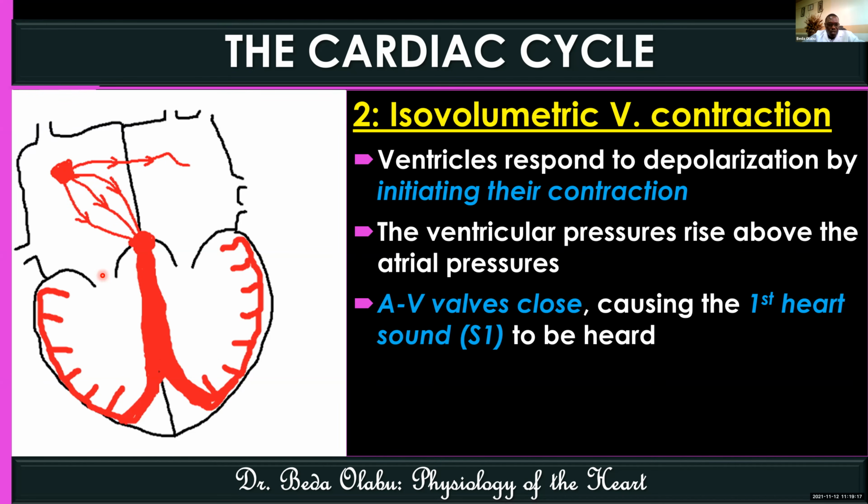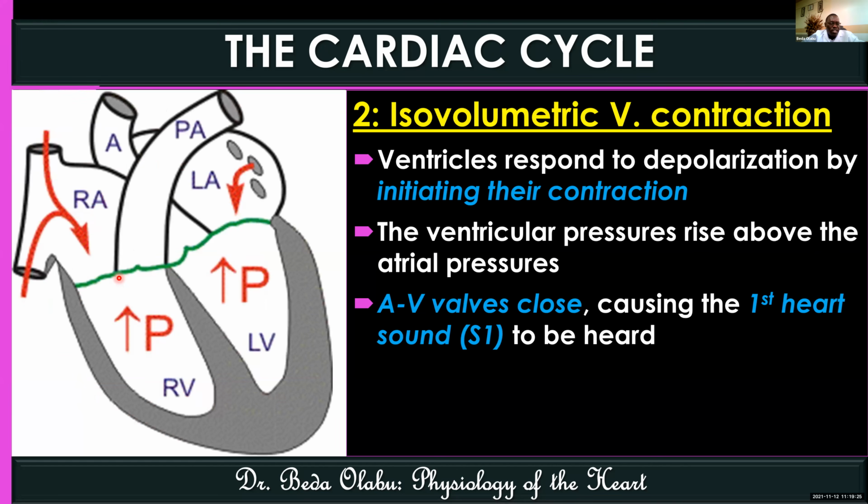All right, when the AV valves close, something unique we can say at this time. Look at this image. The atrioventricular valves have just closed, and that has led to the generation of the first heart sound, S1.